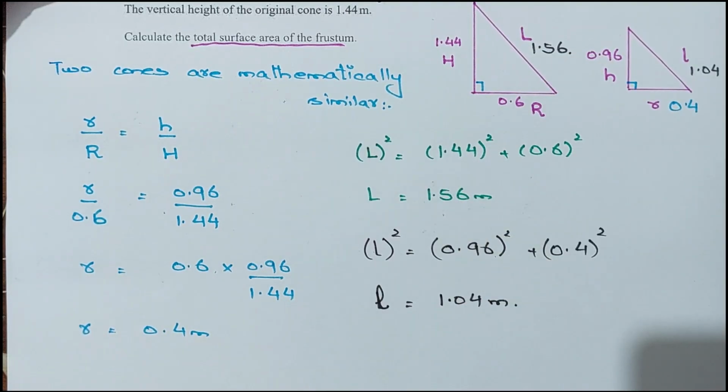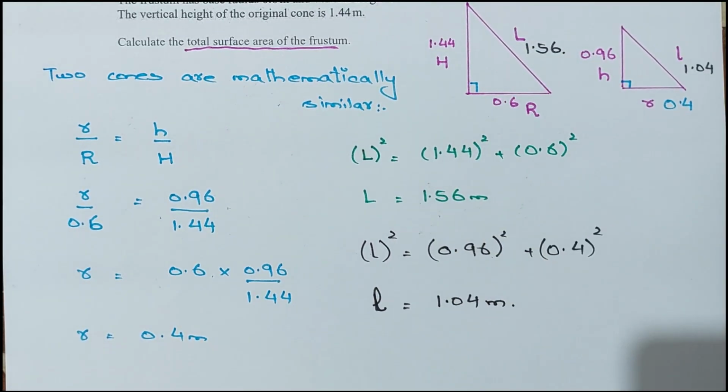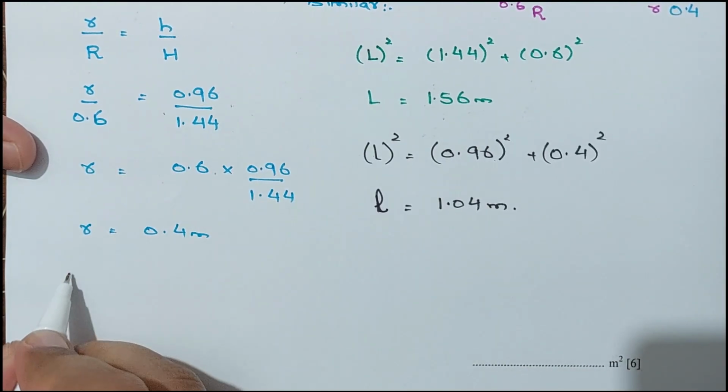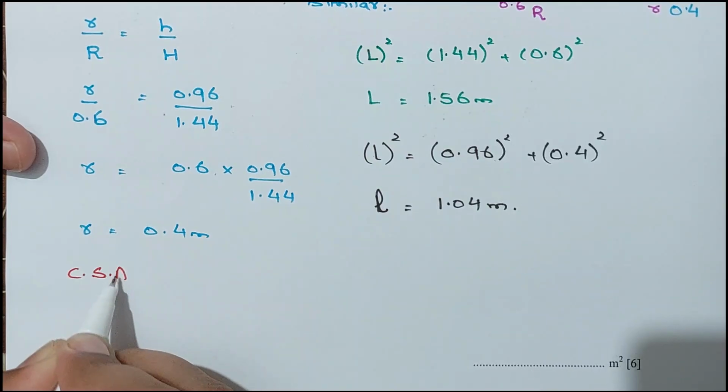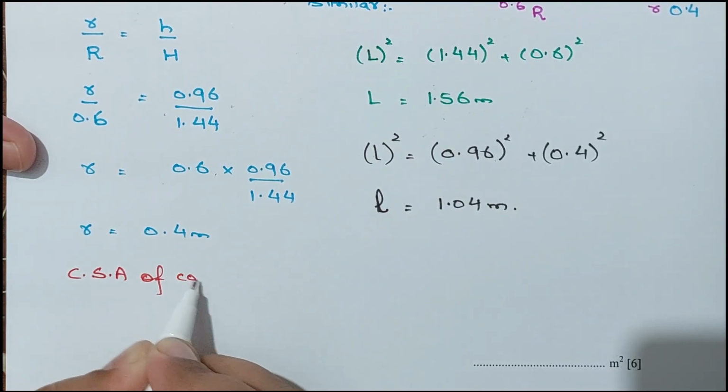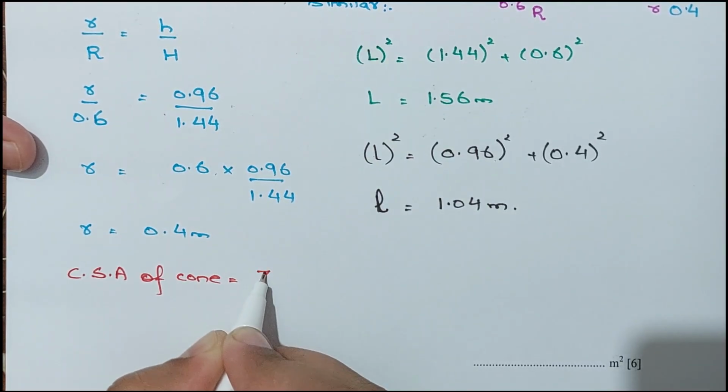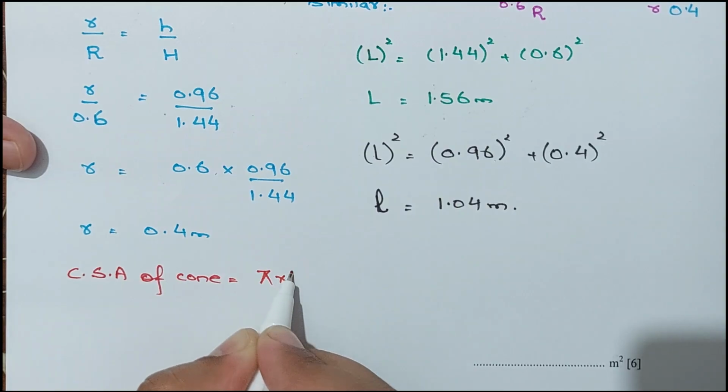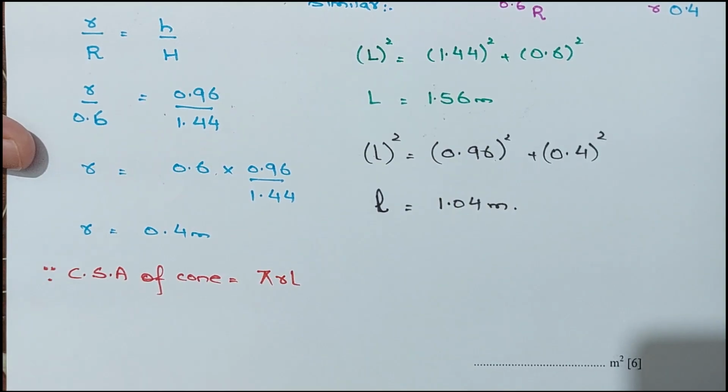Okay. Now we have to find the curved surface area of the larger cone and the curved surface area of the smaller cone, right? So keep in mind that the curved surface area of a cone is equal to pi RL. It has a formula.